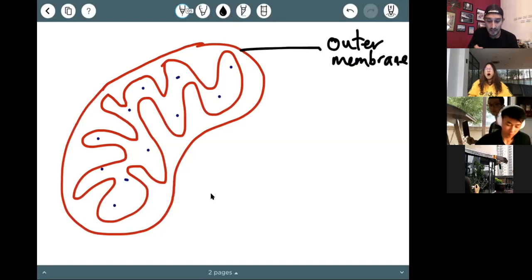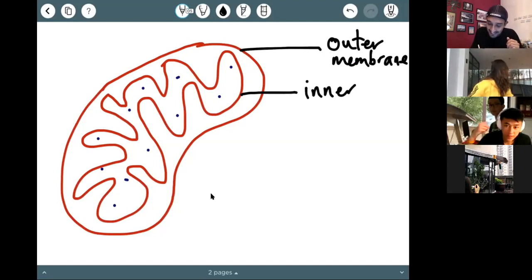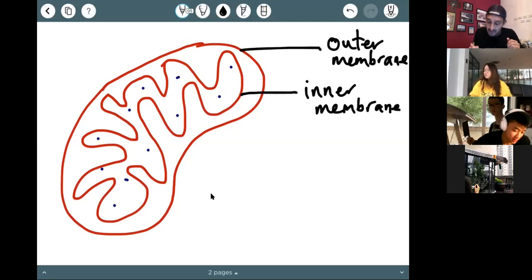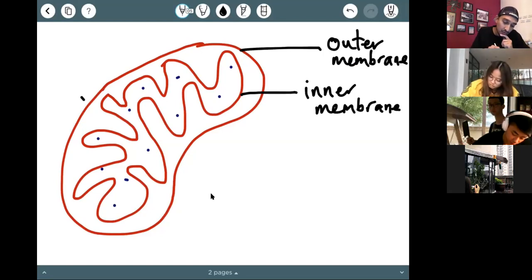Yeah, and then okay, so use logic. What is this called? Inner membrane. No, it's called phospholipid membrane. Big brains. Inner membrane. And yes, so what you guys are saying, each of these is in fact a phospholipid bilayer, right?